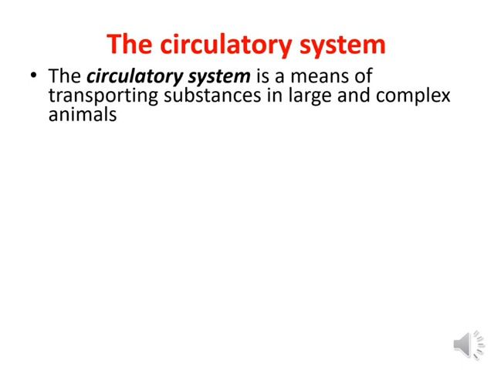The circulatory system is a means of transporting substances in large and complex animals. We have animals, especially the mammals, reptiles, the fishes, and so on. These are animals that use the circulatory system as a means of transporting substances.